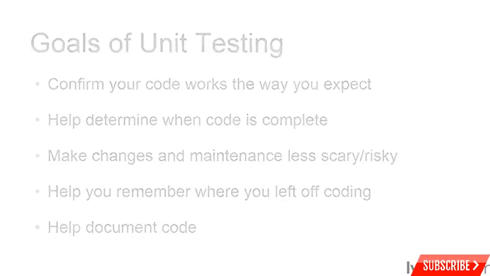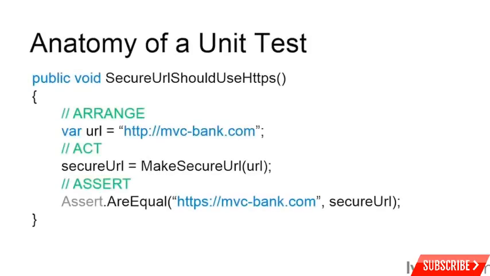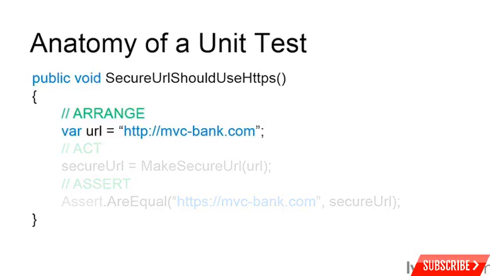A unit test in ASP.NET is normally a method with a void return type that follows the arrange, act, assert procedure. In the arrange step, we prepare the items that we wish to use during the test. Here, we're testing that a method used to switch to the secure HTTPS protocol works as expected, and we'll be testing with the URL declared in the arrange step.